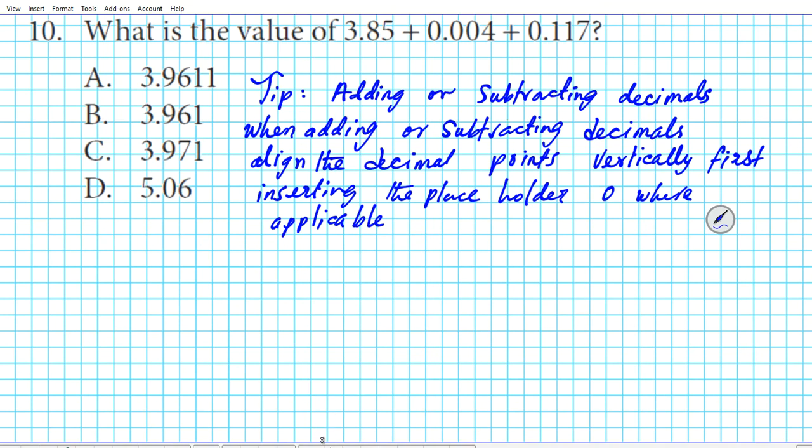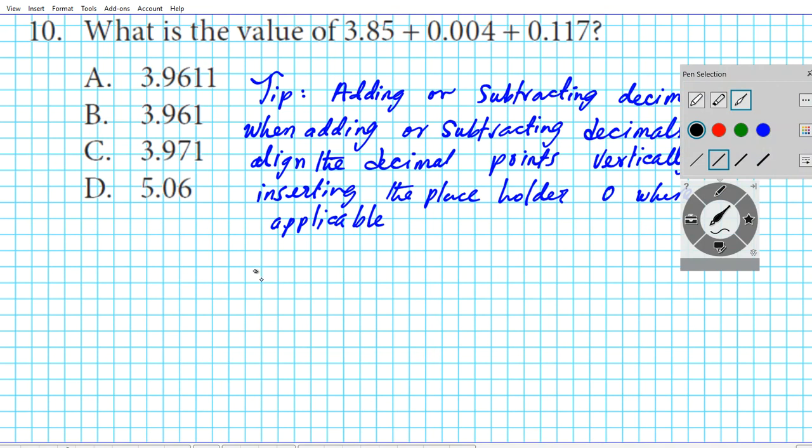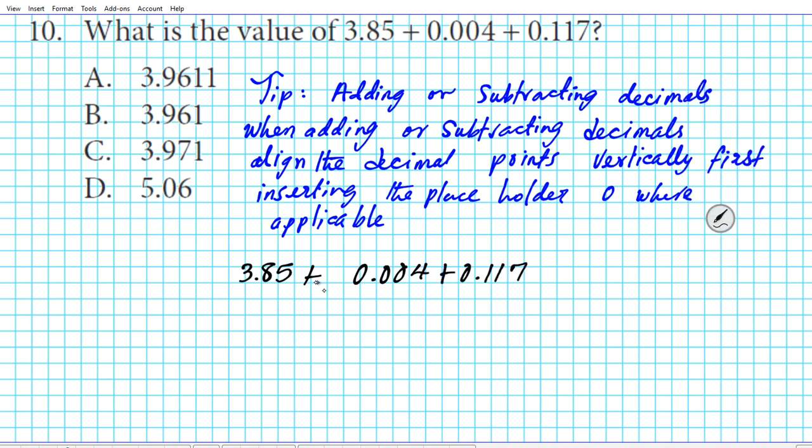That's inaccurate. In this problem, we have 3.85 plus 0.004 plus 0.117. So we're going to orient these digits vertically first. Okay, so 3.85. So we're going to align all the decimal points underneath the decimal point of 3.85.